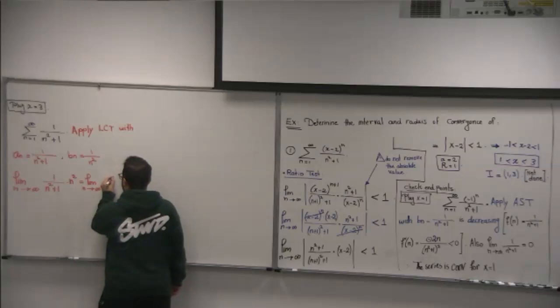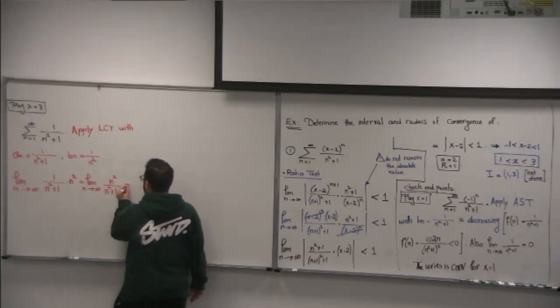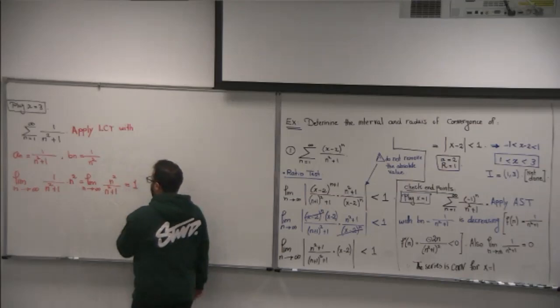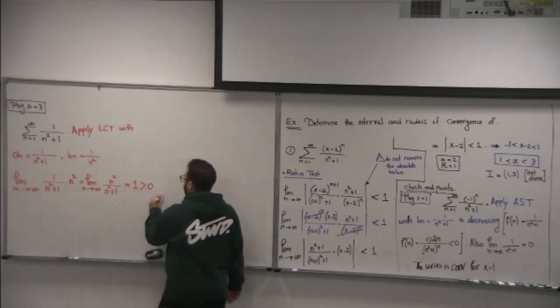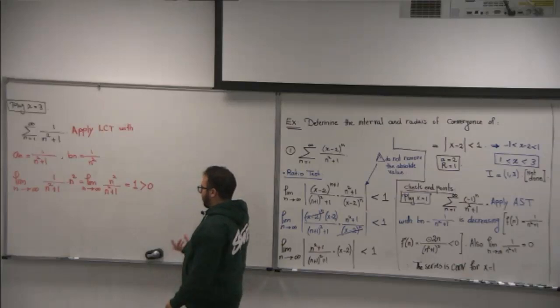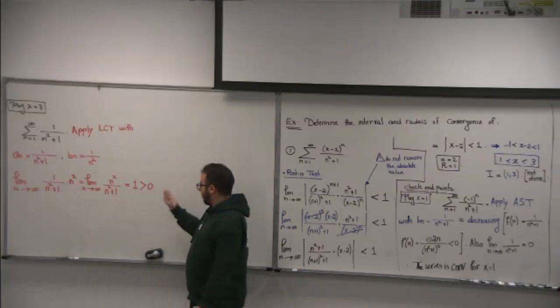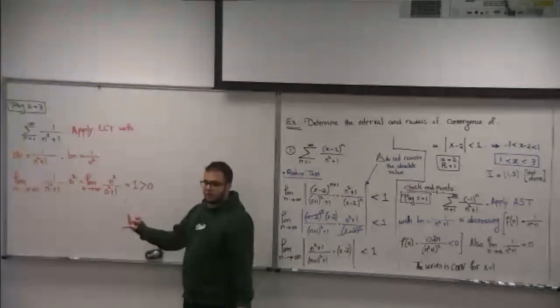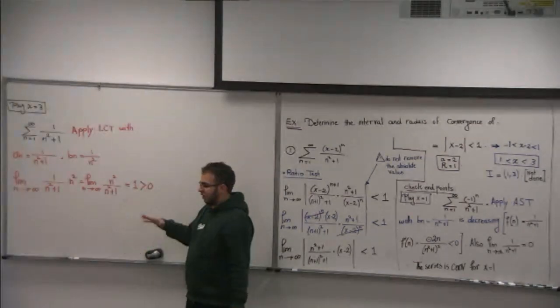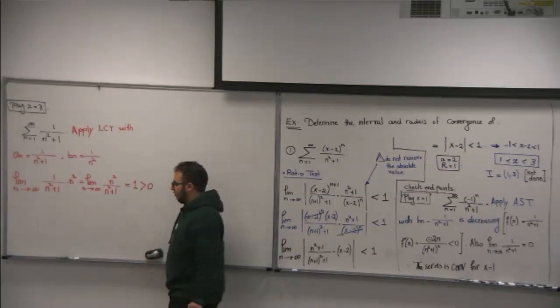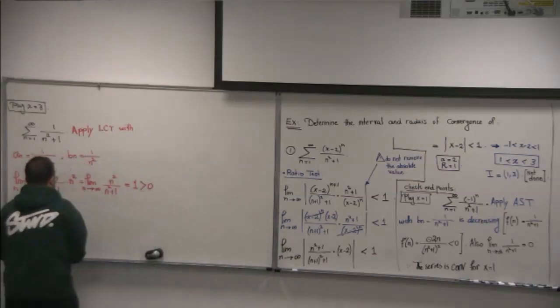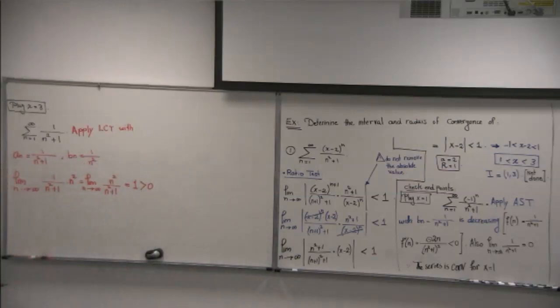That limit is equal to 1, leading over leading, which is larger than 0. LCT tells you this has to be a finite positive number, not infinity, not 0, not negative, and not oscillating or nonexistent. So that limit is finite.